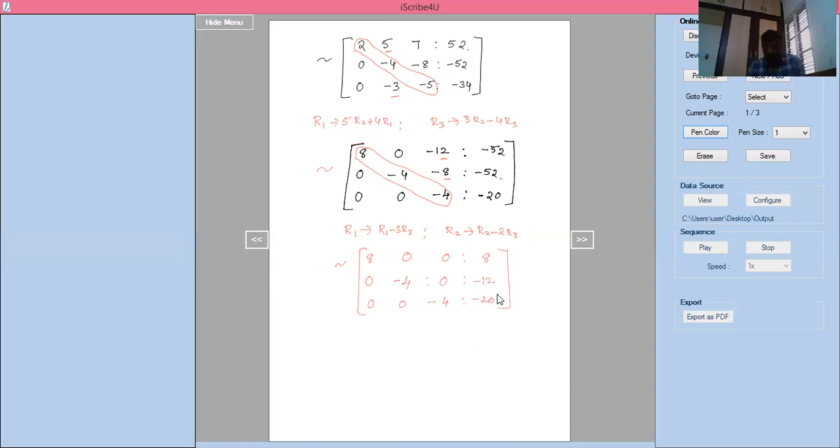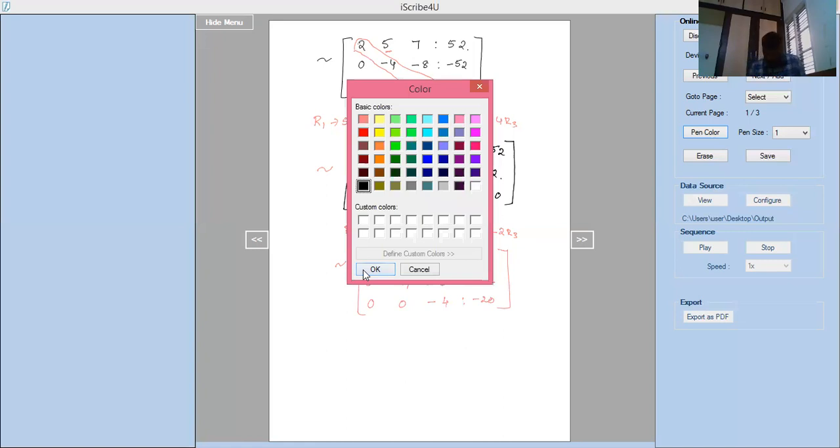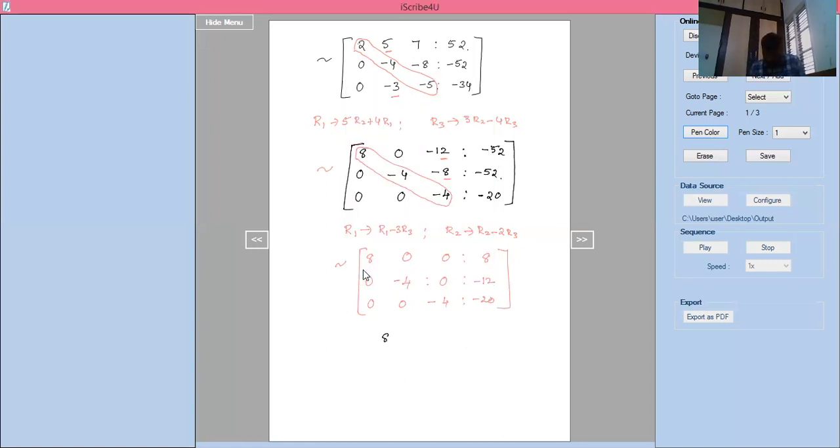So now I can write this: 8x equal to 8, minus 4y equal to minus 12, minus 4z equal to minus 20. x equal to 1, y equal to 3, z equal to 5, which is the required solution for the given system of equations.